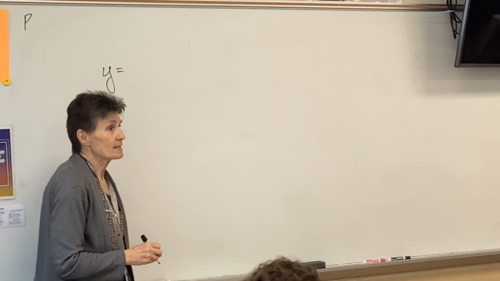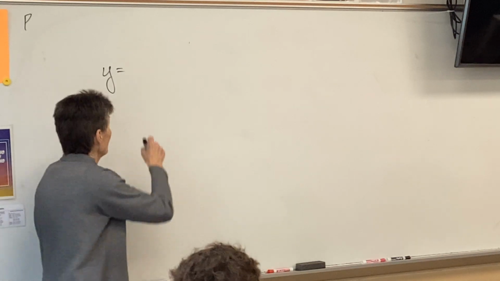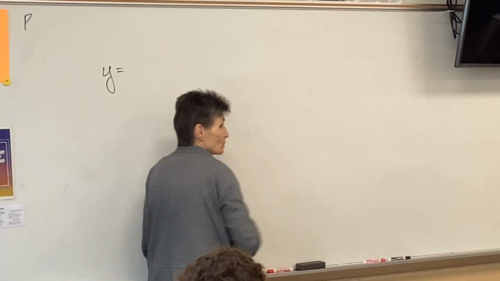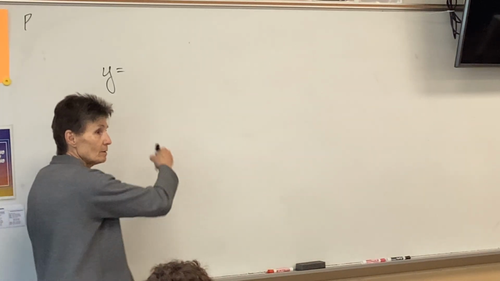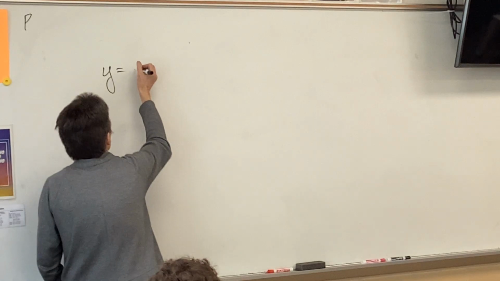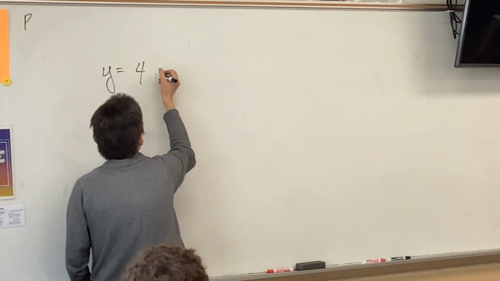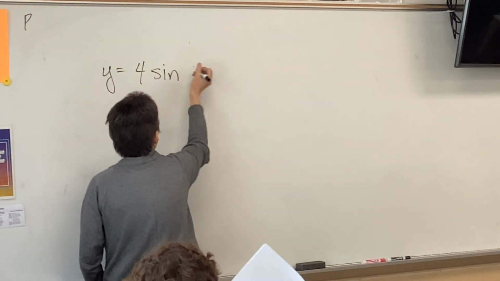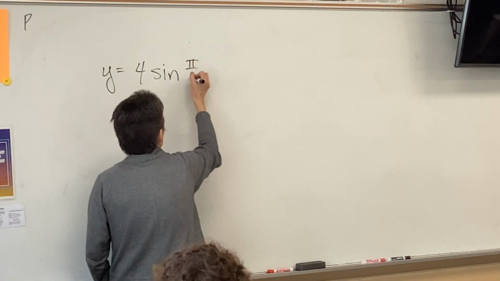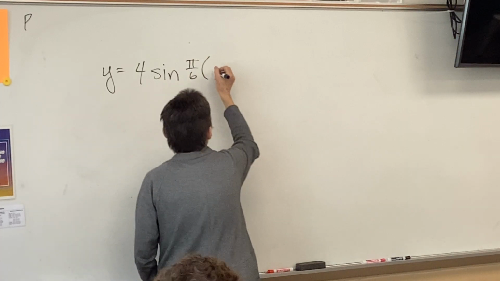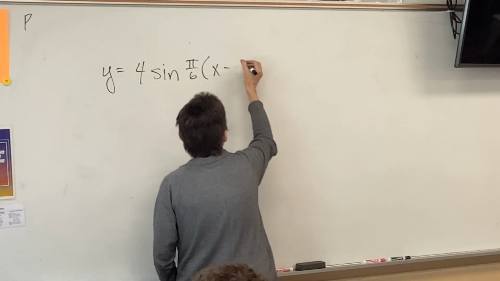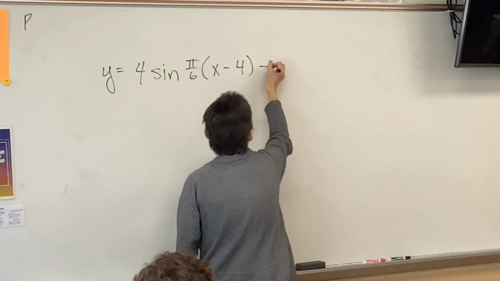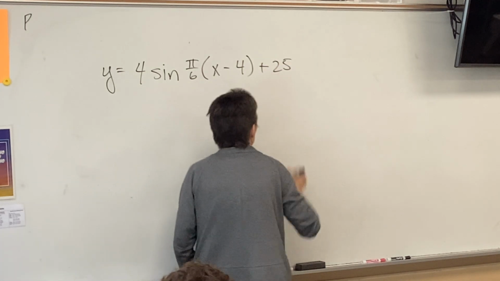I don't care if it's sine or cosine, but I want those 4 numbers stuck in it. So who will give me one? Alberto will. 4 sine pi over 6 times x minus 4, plus 25. Okay.